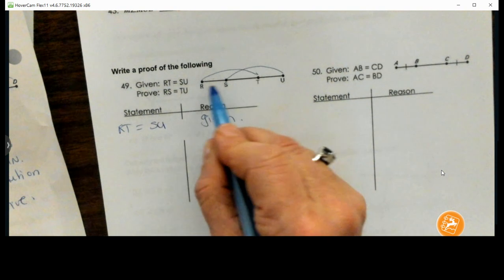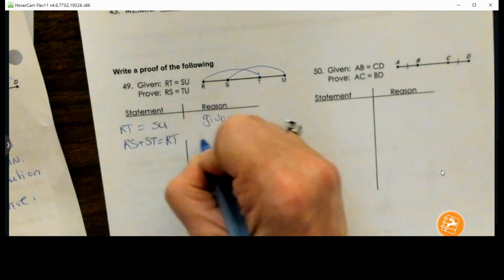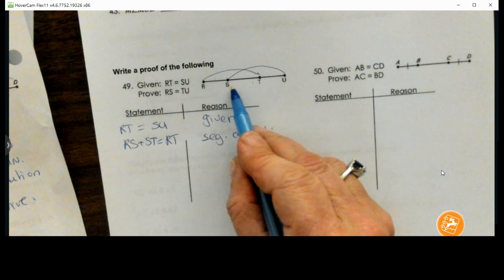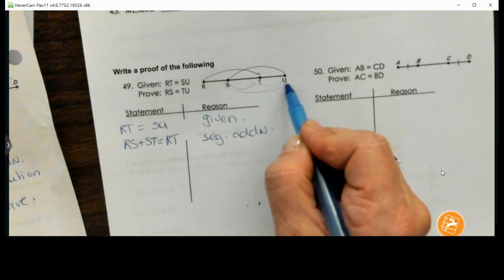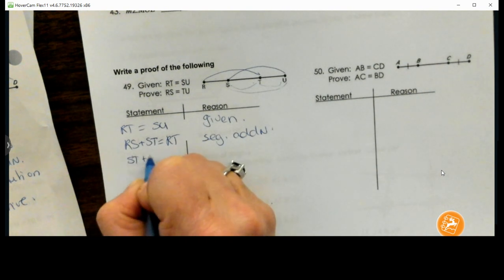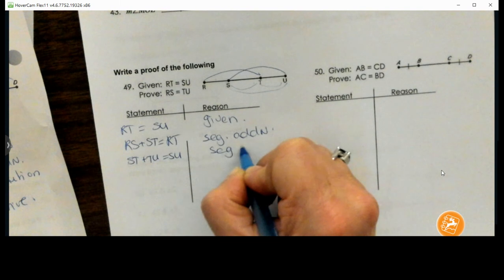RT is RS plus ST, that's segment addition. RS plus ST is equal to RT. And I'm going to do the same over here. ST plus TU is equal to SU. That's segment addition.